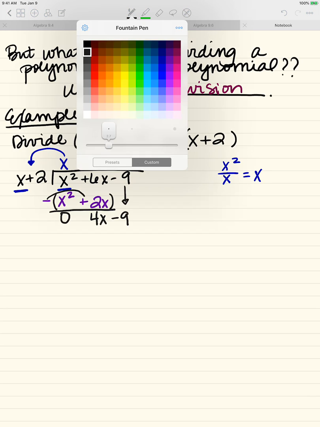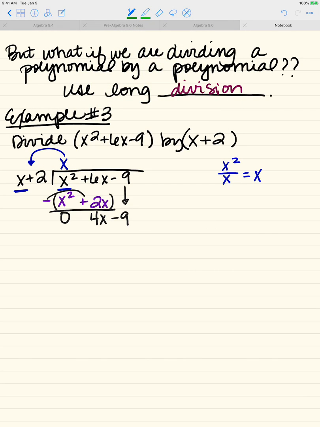Now we are going to divide 4x minus 9 by the first term of our divisor. Same thing, always dividing by the first term of the divisor. So we're going to divide 4x by x. 4x divided by x is 4. The x's cancel out.